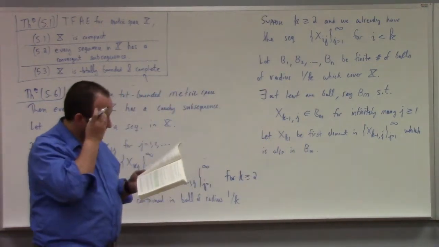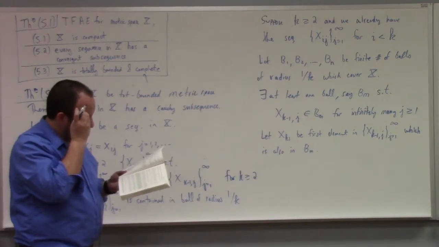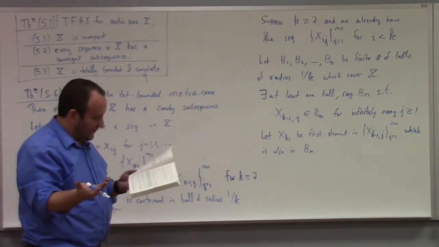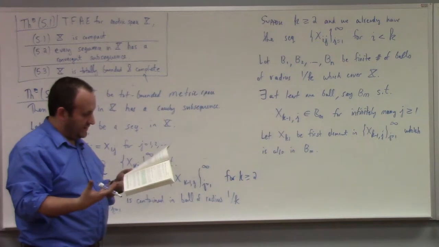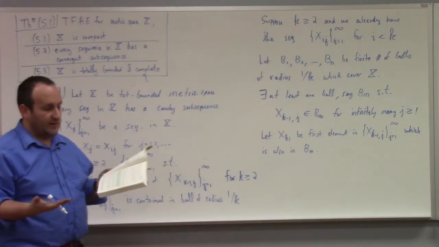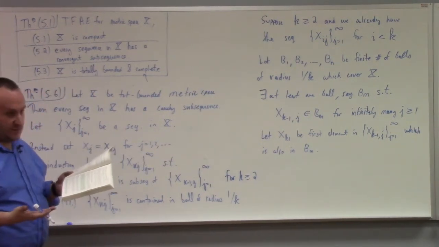Right? And he says, let x_k2 be the second one that's in there, and so forth. He says, then x_kj has the properties 1 and 2.